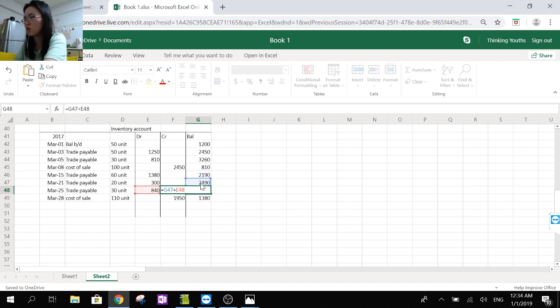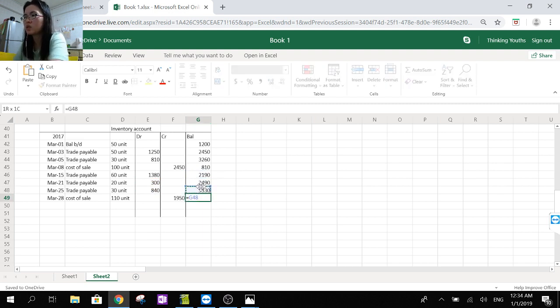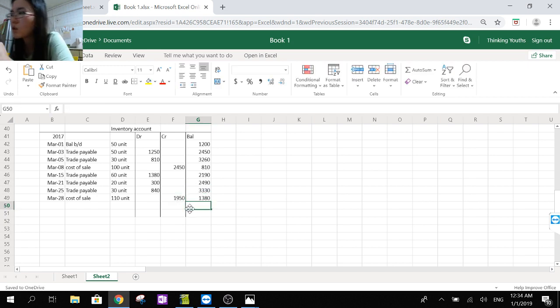After that will be this, and we are left with the last batch of inventory, which will be this minus this, 1380.